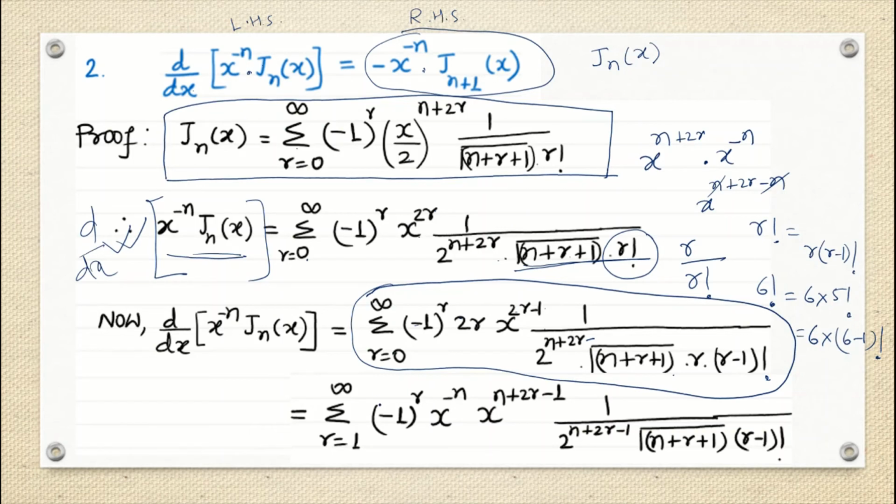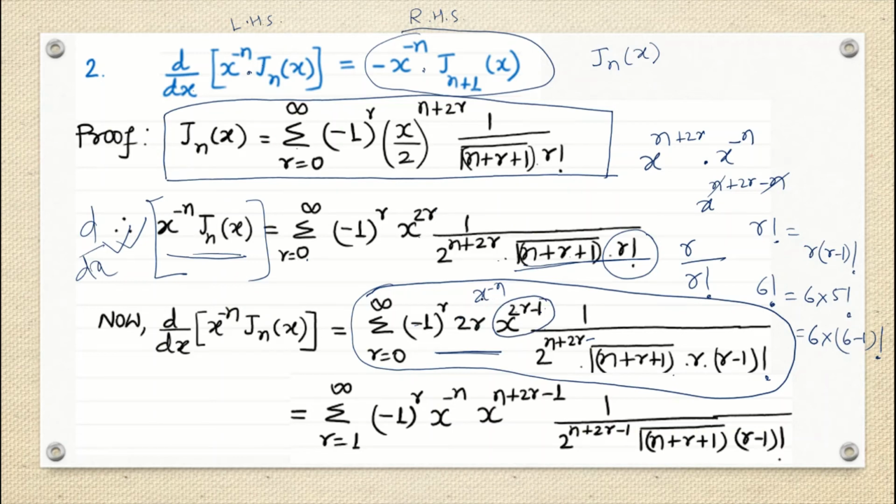So whatever I have got here, I can do one thing: I can take out x raised to minus n easily. That means instead of x raised to 2r minus 1, I need to take out x raised to minus n. But I cannot see n here. So how will I take out x raised to minus n?